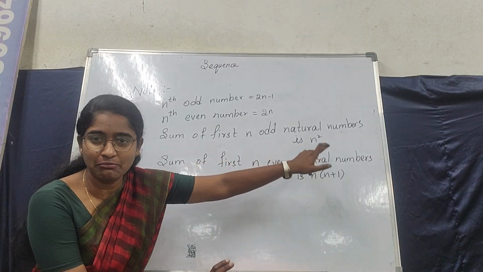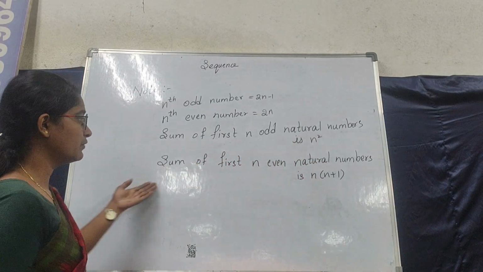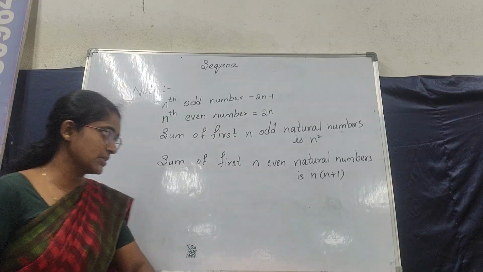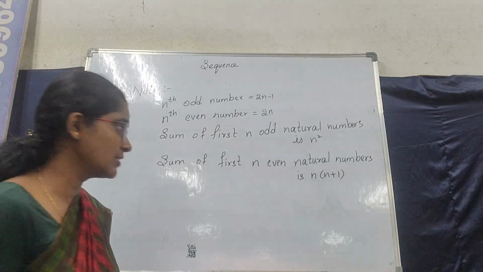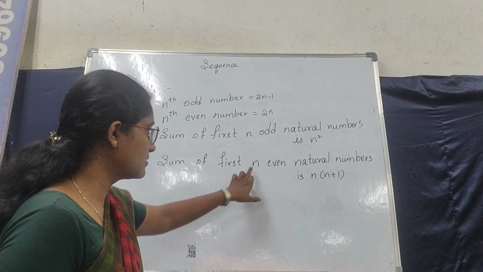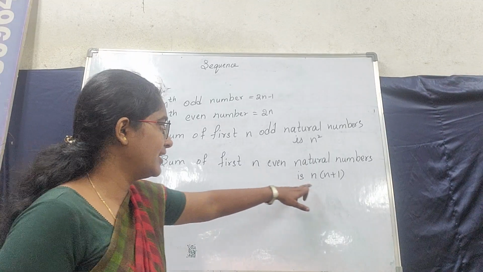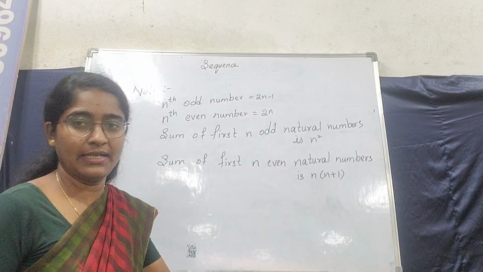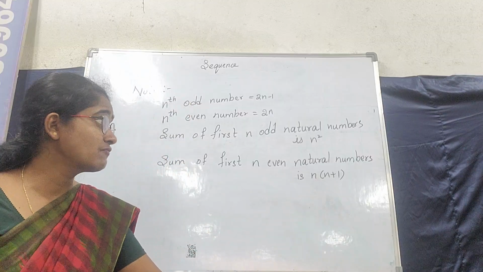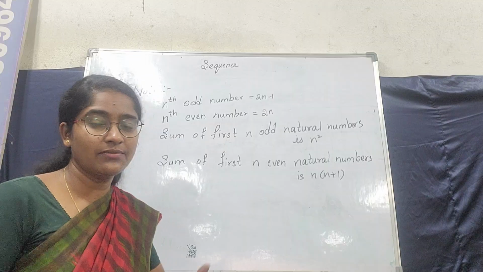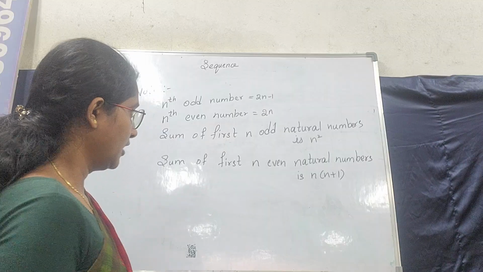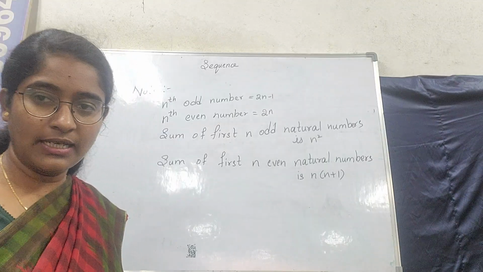So you can directly apply n square. The sum of the first n even natural numbers is n into (n plus 1), you can apply it directly. These things are for easy calculation and save our time. Okay, so we'll go to the next part.